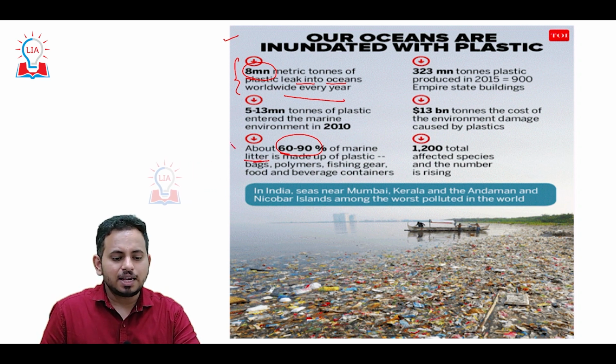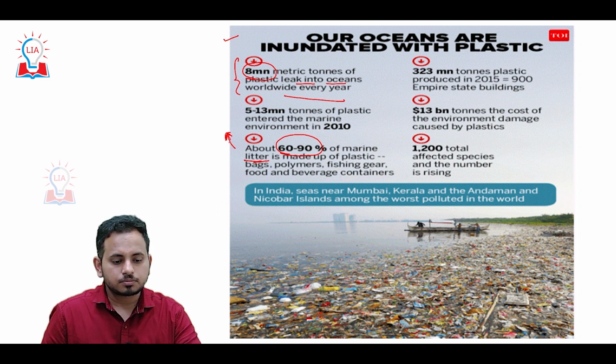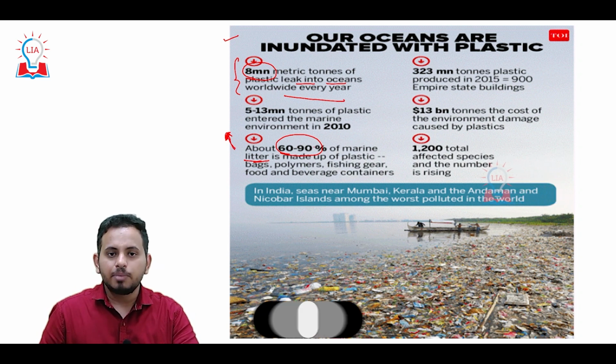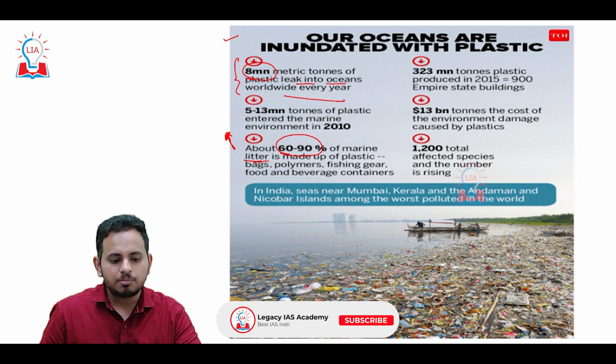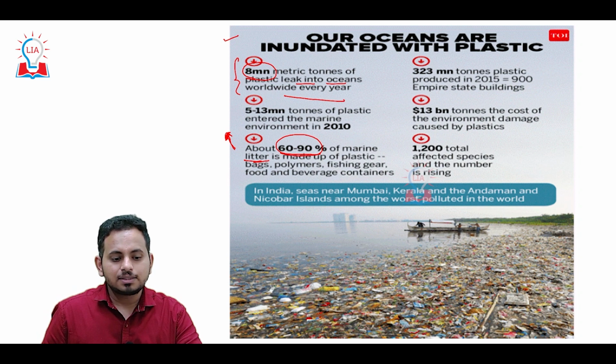See, plastics take a long time to degenerate or dissolve because they are inorganic in nature and they do not disintegrate easily. That is the reason why they remain in the aquatic ecosystem for a long time, and 60 to 90% of the marine litter is composed of plastics.